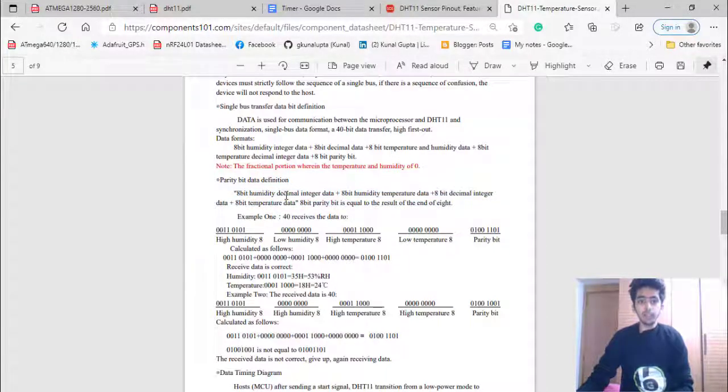So first we get the integer part, then the decimal part, and the 8-bit parity, which is like a checksum in the sense that it is the sum of all those 4 bytes which it has sent. It is used for checking whether my sensor has sent the correct data or not, or whether it is working in a correct condition or not.